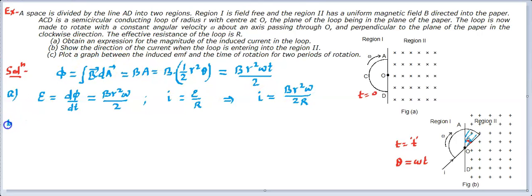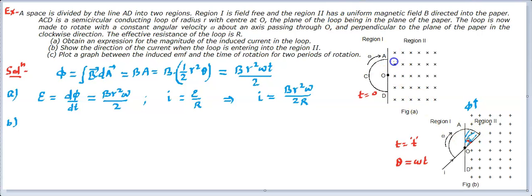Now let's go for the second part. For the second part you need to use Lenz's law, and we need to ascertain the direction of current. As this portion goes into the magnetic field region, flux increases. So flux is increasing over time, and this field is into the page, so you would like to have a field outward due to induction.